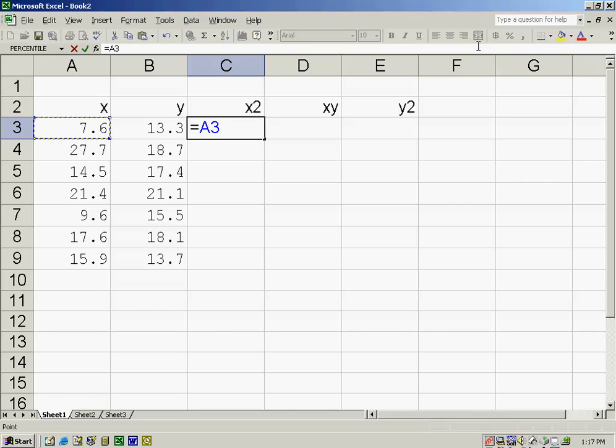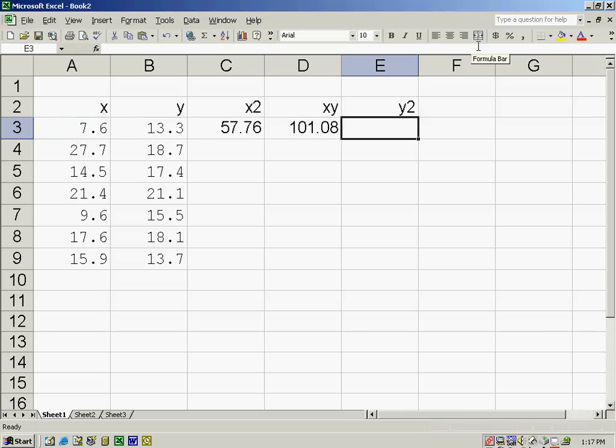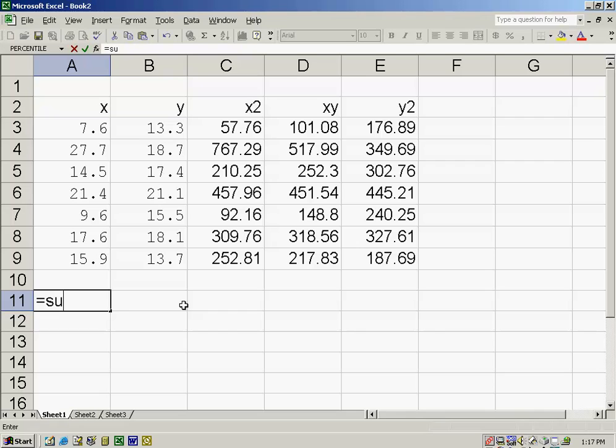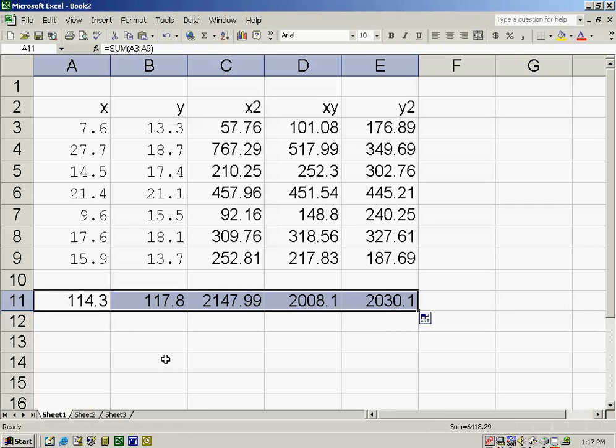So x squared, xy which is x times y, and y squared. Copy that down and then get our sums of each of those columns. The sum of the x's is 114.3, and then copy that across and we get all our sums.